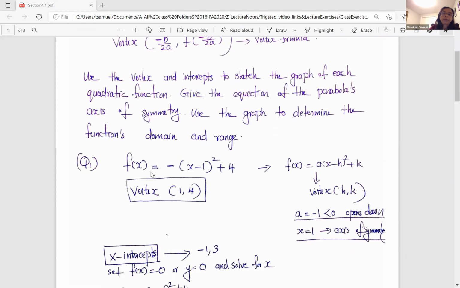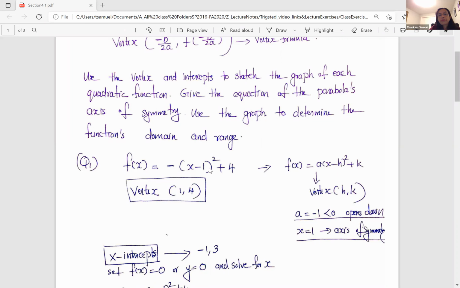f of x equals negative (x minus 1) squared plus 4. So it's similar to the form f of x equals a times (x minus h) squared plus k. We have already seen this form, so we know that the vertex is (h, k).